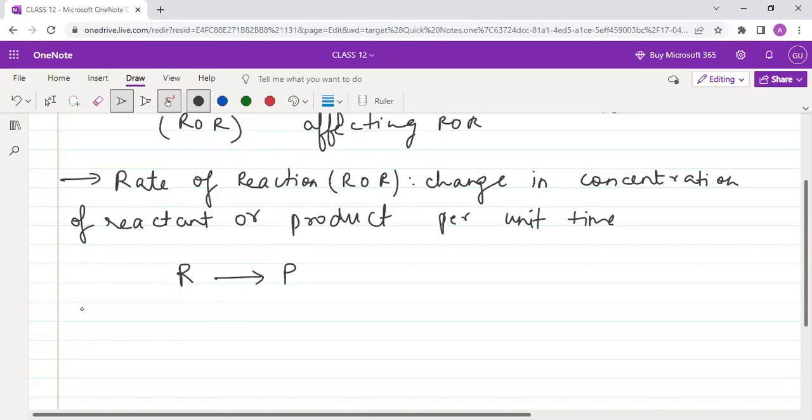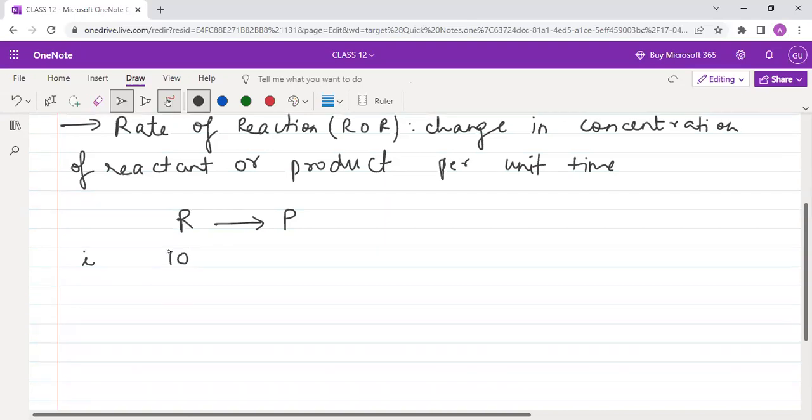Suppose we take one example, that the initial concentration is 10. Concentration is simply number of moles per unit volume. So the initial concentration of reactant is 10, and the products are 0 at the beginning because we have taken only reactants in the reaction mixture. Now with time, the reactant concentration will decrease and the product concentration will increase.